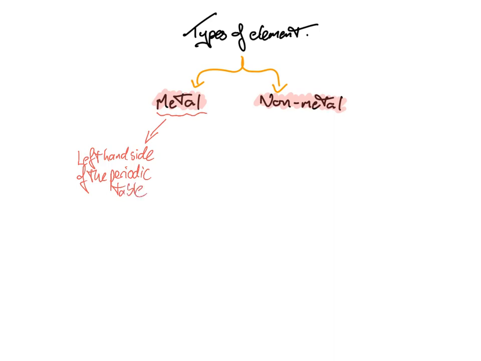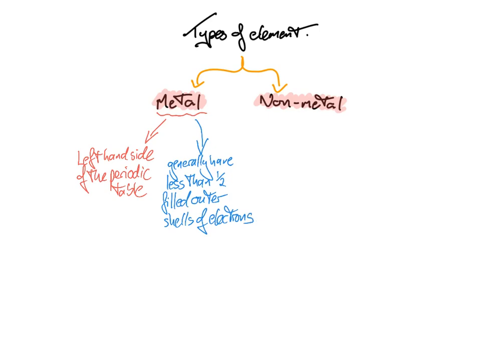Well, metals generally, although this isn't true when they get really big, but generally have less than half filled outer shells of electrons.